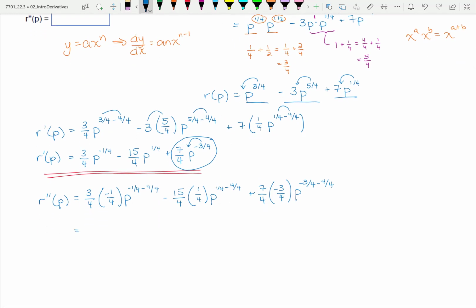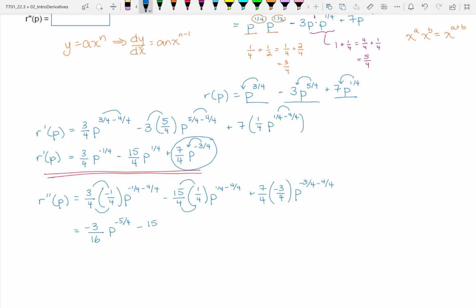Cleaning this up, I'm going to multiply my numerators. 3 times negative 1 gives me negative 3, and then multiply my denominators. 4 times 4 gives me 16. P to the power of, I have a common denominator already established, so I have to add up the numerators. Negative 1 minus 4 gives me negative 5/4. Now for our second term, I'm going to multiply my numerators, negative 15.